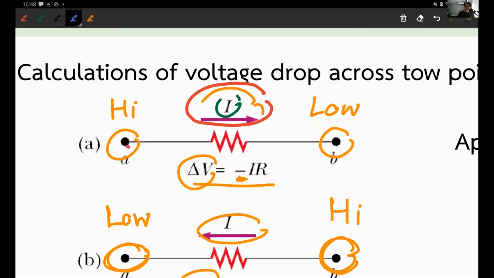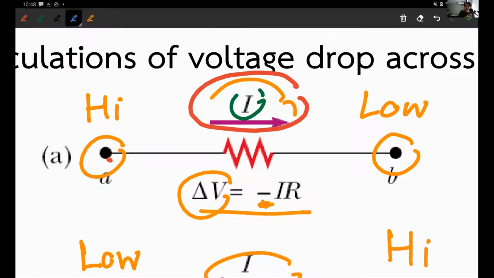But how do you know that it's low? How do we know that it flows from high to low? Is that what you're saying? Okay, first of all, for example, in this figure, if you know A has a higher potential than B, the current will flow from high to low. That's for sure.